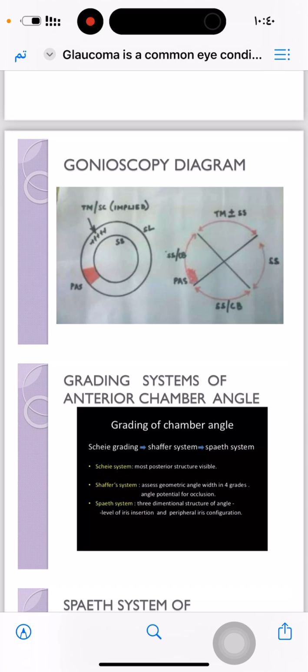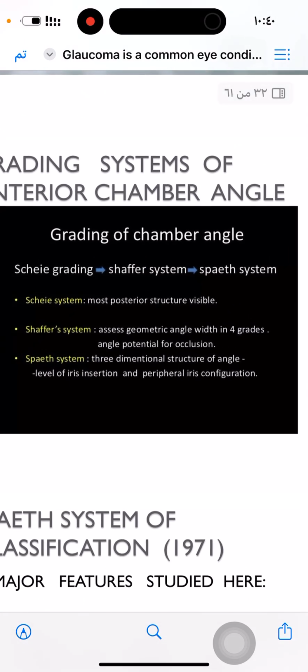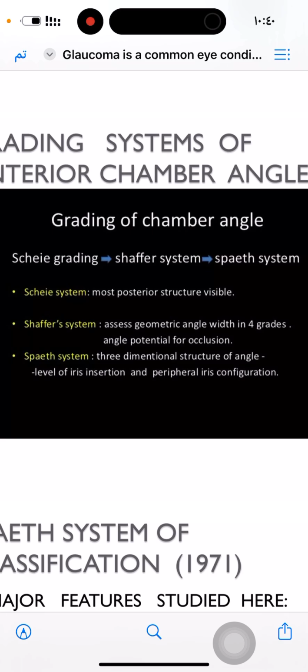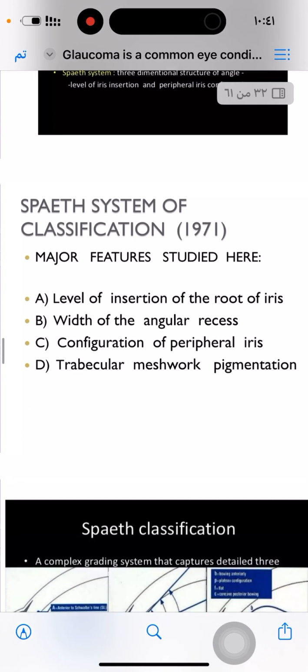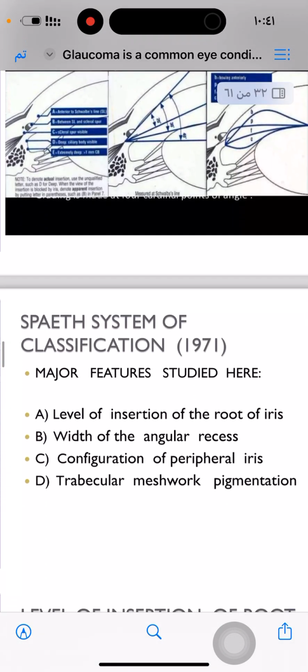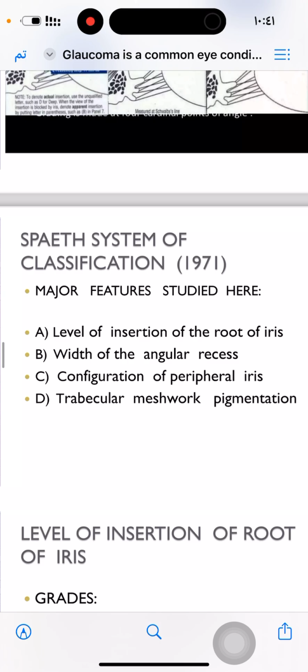We have chamber angle grading. It includes the Scheie grading, Shaffer system, Spaeth system, posterior structure. Shaffer serves to see the geometric angle, and the Spaeth system to see the three-dimensional structure of the angle level and its peripheral configuration. It is not so common, so not very important in your exam.